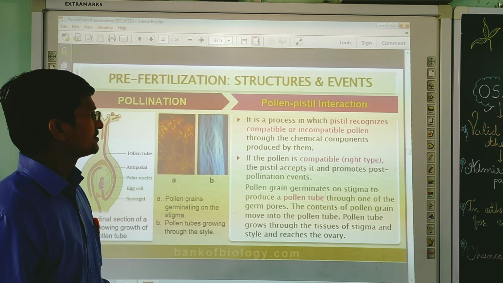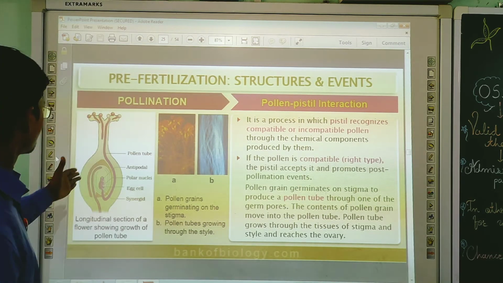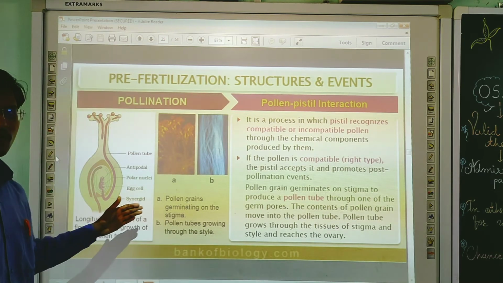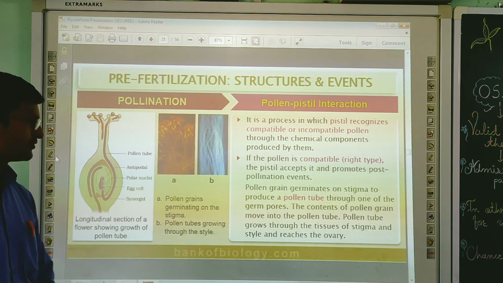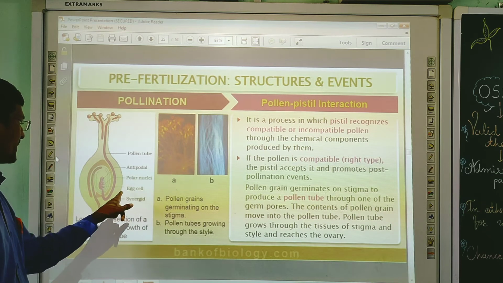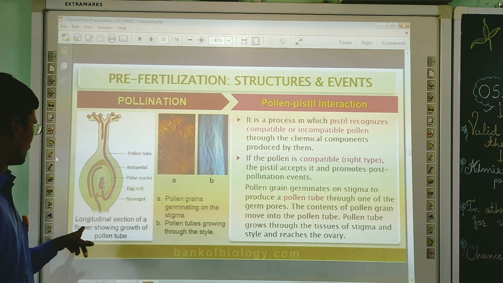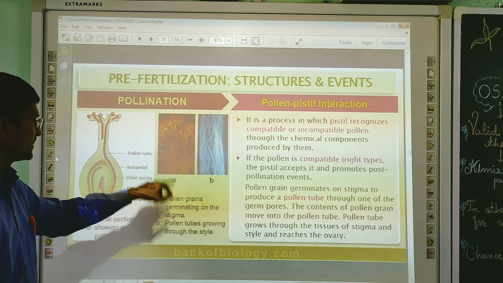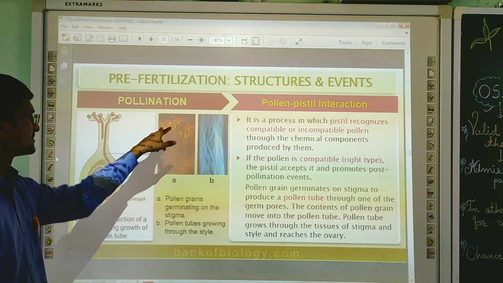Pollen pistil interaction. So here, if you know this, the diagram we have already drawn in our 10th standard. So pollen tube, antipodal cells, polar nuclei, egg cell, central cell, and the longitudinal section. So here the pollen grains germinate on the stigma. How does it germinate?